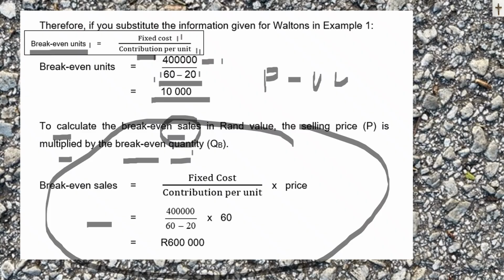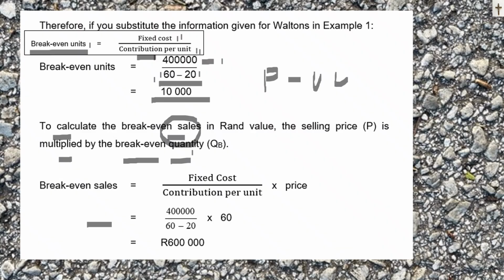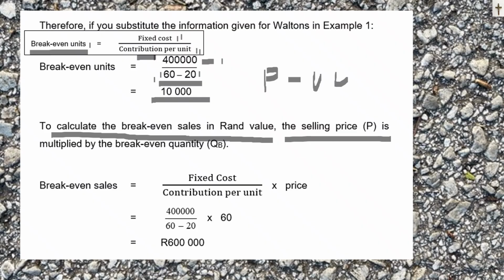Let me just clean this up and we move on a bit. So there we calculated the break-even units. Now to calculate the break-even sales in Rand value, the selling price is multiplied by the break-even quantity.